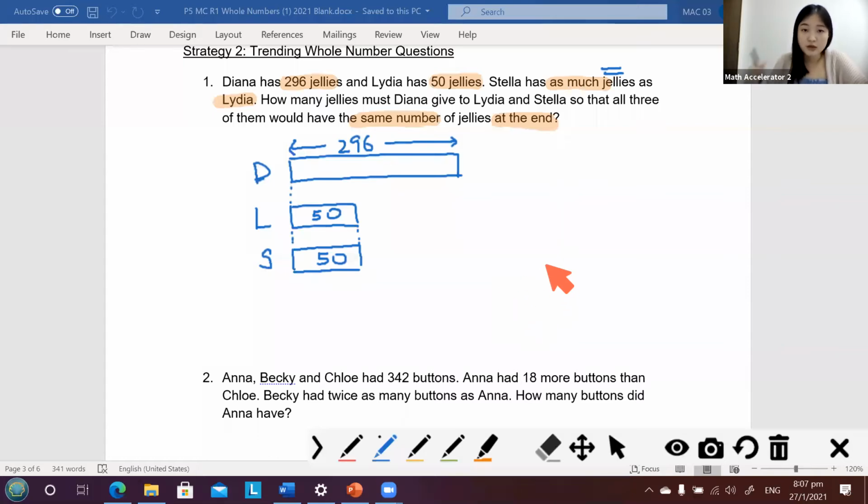So how do we do this question? We know that Diana has a lot of jellies and she can give them to Lydia and Stella. So how much is that difference? This portion here is also 50. What's the difference here? How much more does Diana have?